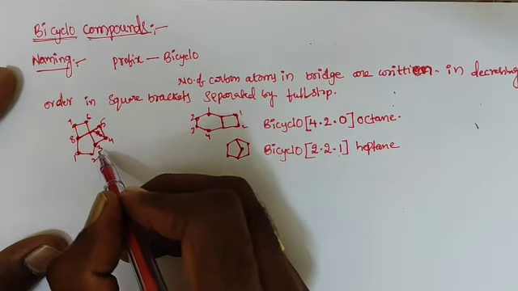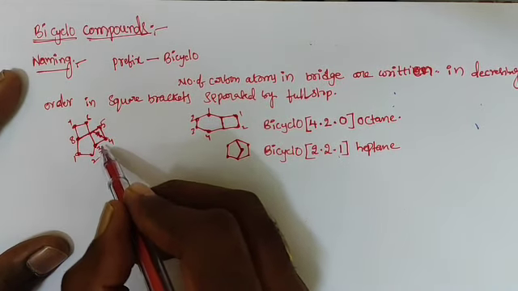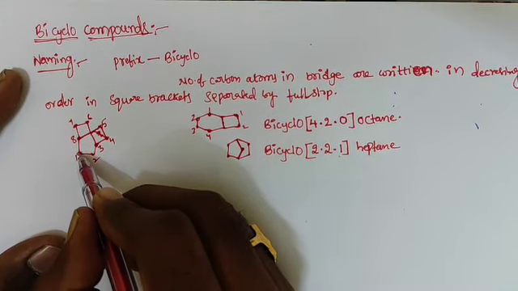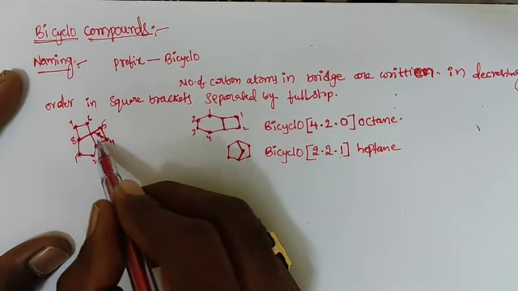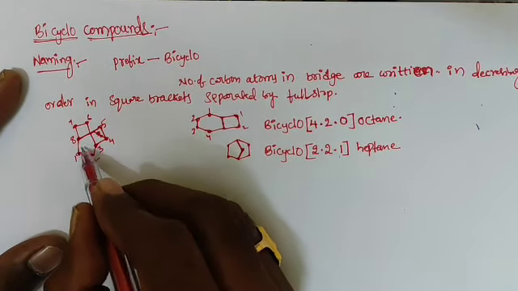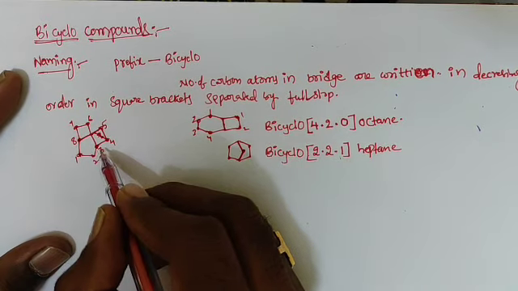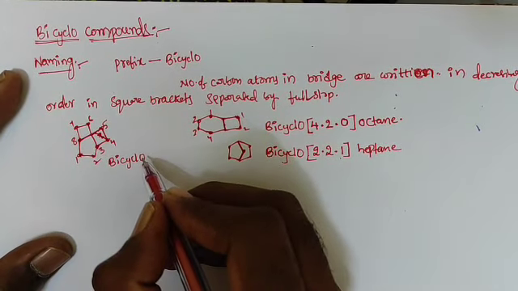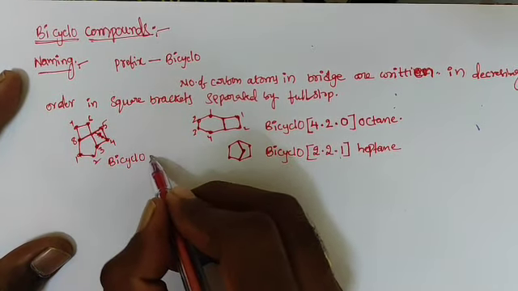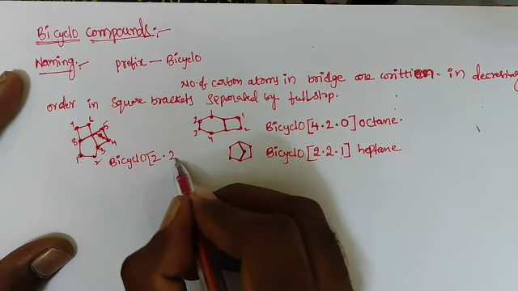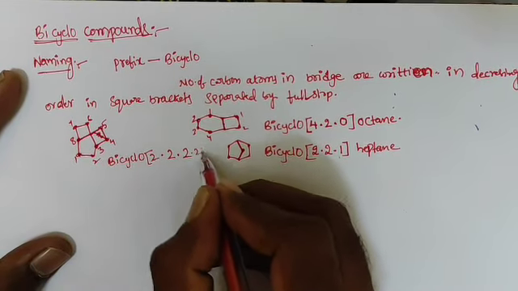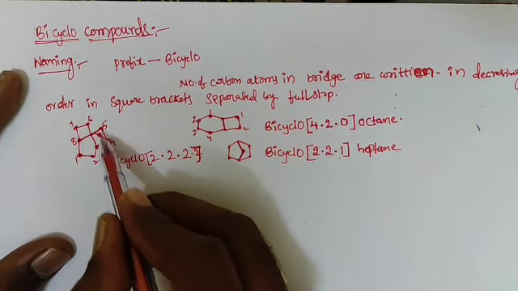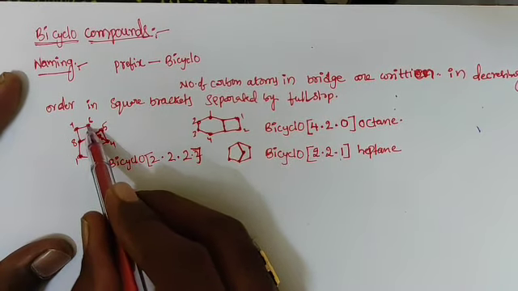How can you calculate the bridges? Here also 2 cycles, so bicyclo. There are three bridges of 2 carbons: 1 2 is this one, another 2 is this one, remaining 2 is this one.